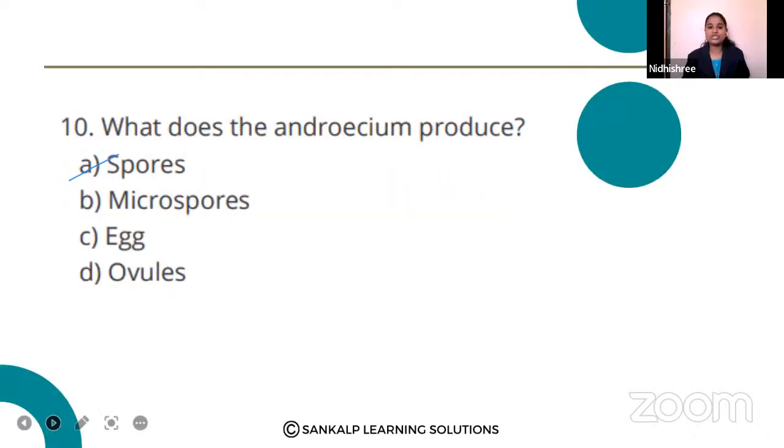What does androecium produce? Option A, spores. Option B, microspores. Option C, egg. Option D, ovules. Very important question.